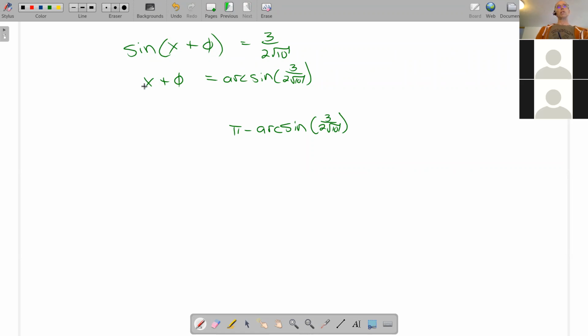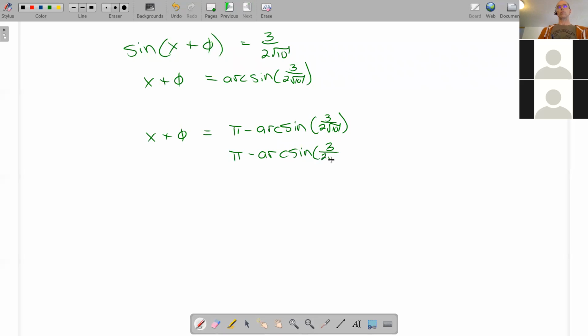So one solution is x plus phi equals arc sine. The other solution is x plus phi is equal to pi minus the arc sine. And then I can subtract over theta. So the other solution should be pi minus the arc sine like I have here.